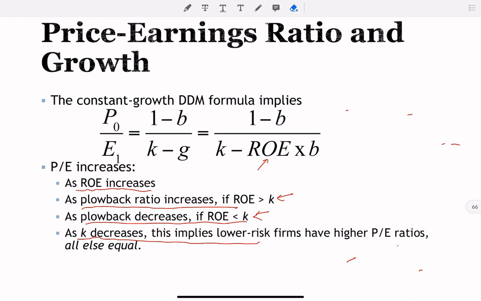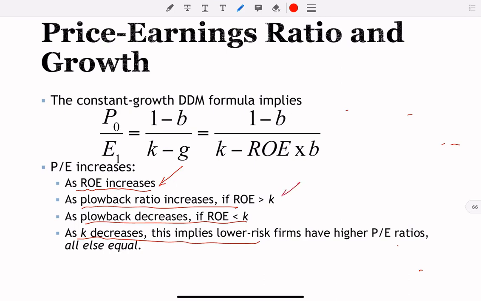Okay, let me summarize. You can see that these four results tell us the following things. The first result says that if a firm's investment project has higher return, then its PE ratio should be higher.